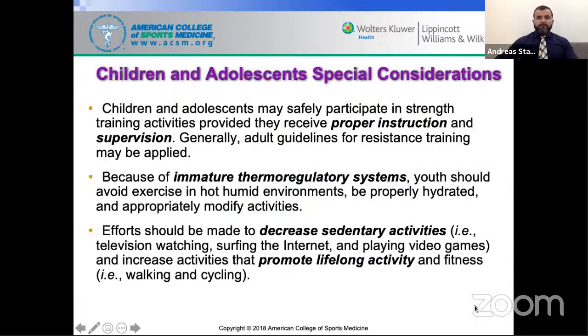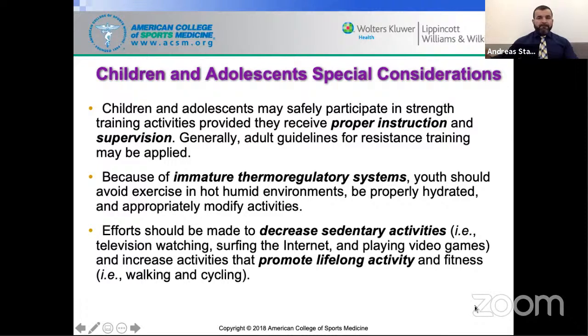Proper instruction, of course, supervision, of course, because they are mentally immature. Okay, you don't want them to get injured. They have an immature thermoregulatory system, which means they cannot reject the heat that is going up in their body as they're exercising as efficiently as an adult.